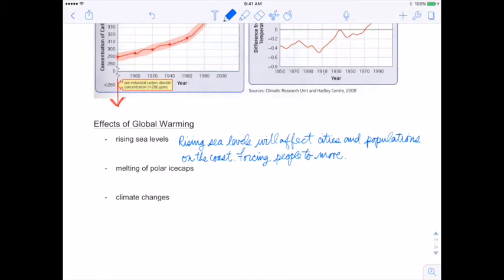Now, we mentioned the melting of polar ice caps. Polar ice caps are important because they keep some of the water on the planet frozen. But in addition, polar ice caps are habitats for certain animals. For example, polar bears spend most of their days traveling and hunting across ice. When the polar ice caps melt, this means that polar bears have less land to hunt on. As a result, they have to travel through water to find more land.